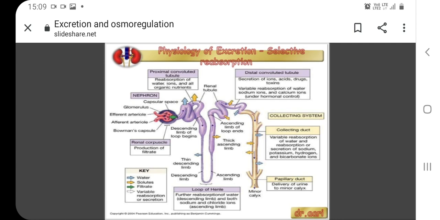The filtrate becomes more dilute as it travels up the ascending limb.